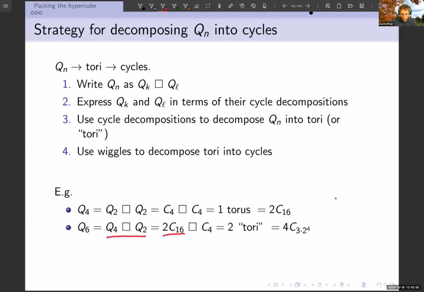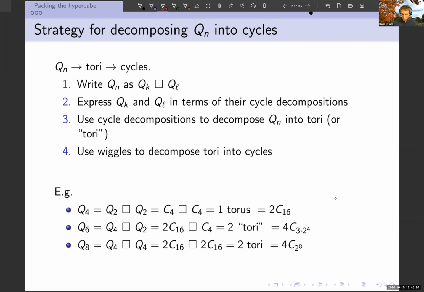Then Q4 decomposes, for example, as two C16s. Q2 decomposes as C4, and so I'm going to get two torus-like objects out of that, and those I can decompose into, for example, 4 cycles of length 48 or 8 cycles of length 24 or what have you. And then we can keep playing this game.